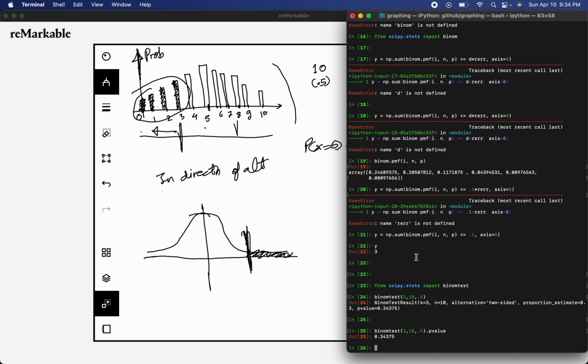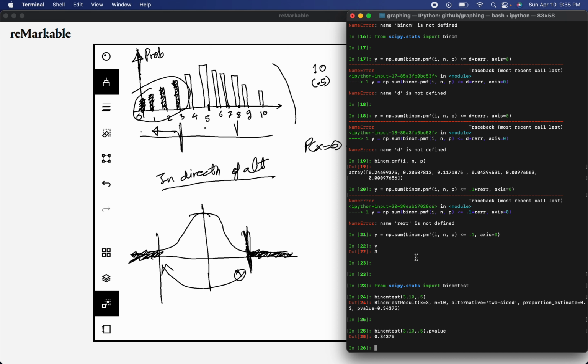So remember, in the direction of the alternate would mean now going on both sides. So that would mean you take not only this probability, but you also go on the other side and take the other tail as well, right? And if the distribution is symmetric, then those two tails are equal, and then you can just take the probability on one side and just double it up, right? And that would be your two-sided p-value.